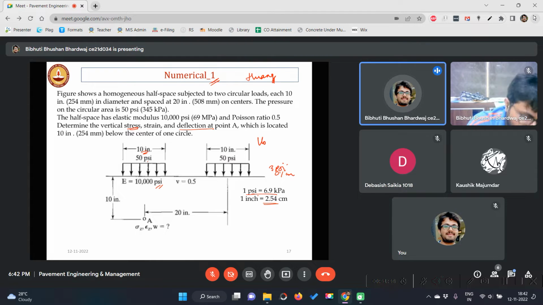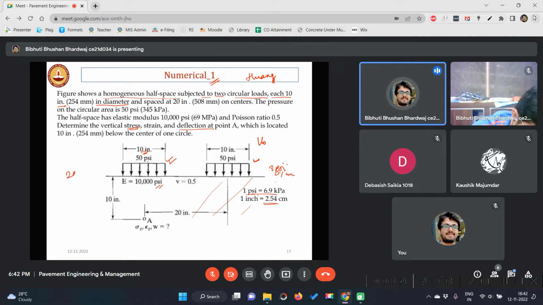Okay, so anyway, now let's understand what this question is all about. It says that a homogeneous half space, that means this entire layer it's talking about, the ground surface, is subjected to two circular loads. That means two wheel loads, two tires, like this, each 10 inch in diameter.